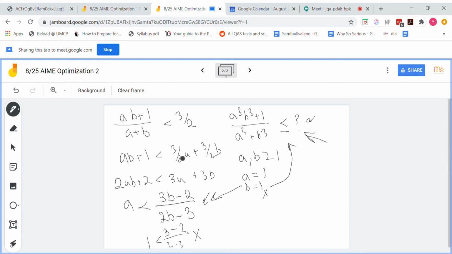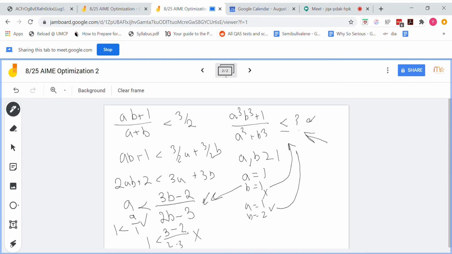Now, what if a equals 1, b equals 2? Then that gives us 1 is less than 4 over 1, which is true, and so this is a valid pair.